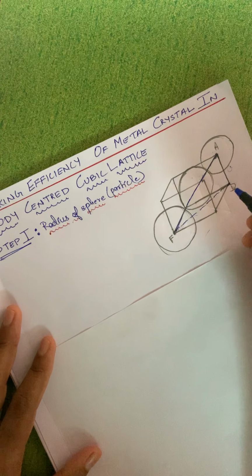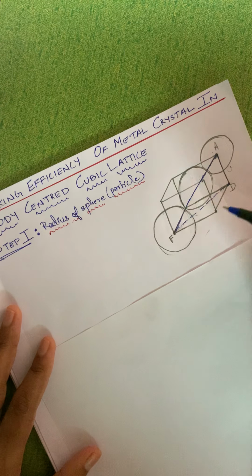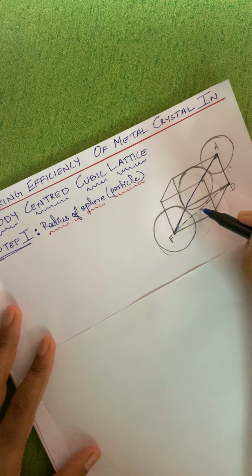So first I'll be considering a triangle in which I can get the value of FD. Okay, so I'll say this thing is E. Let that be E. So first I'll consider the right angle triangle FED.